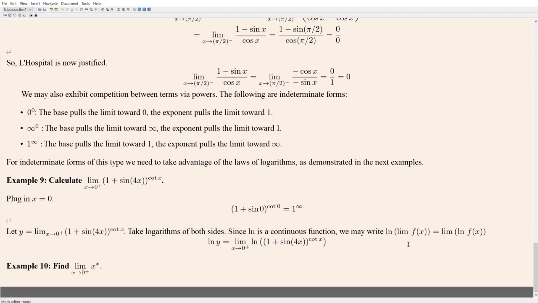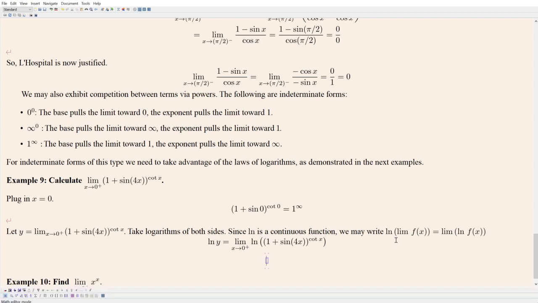Alrighty. And then, as desired, we can take this cotangent and pull it out front. And what is left over? 1 plus sine 4x.